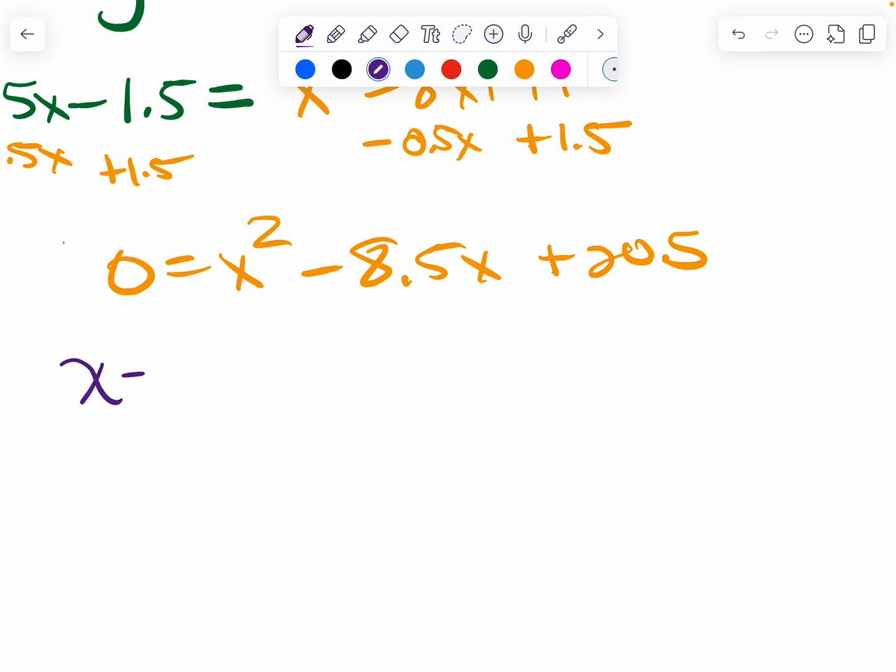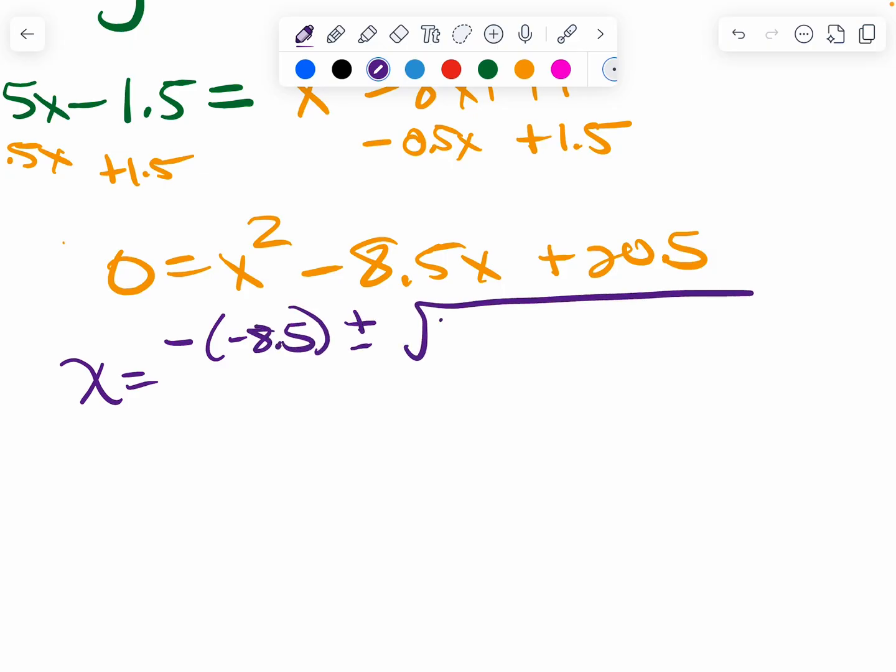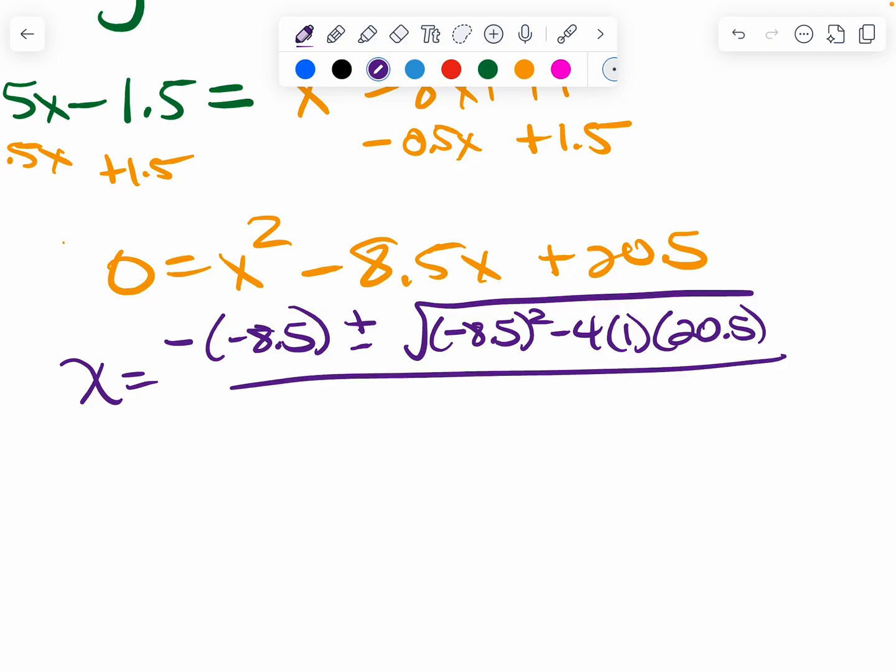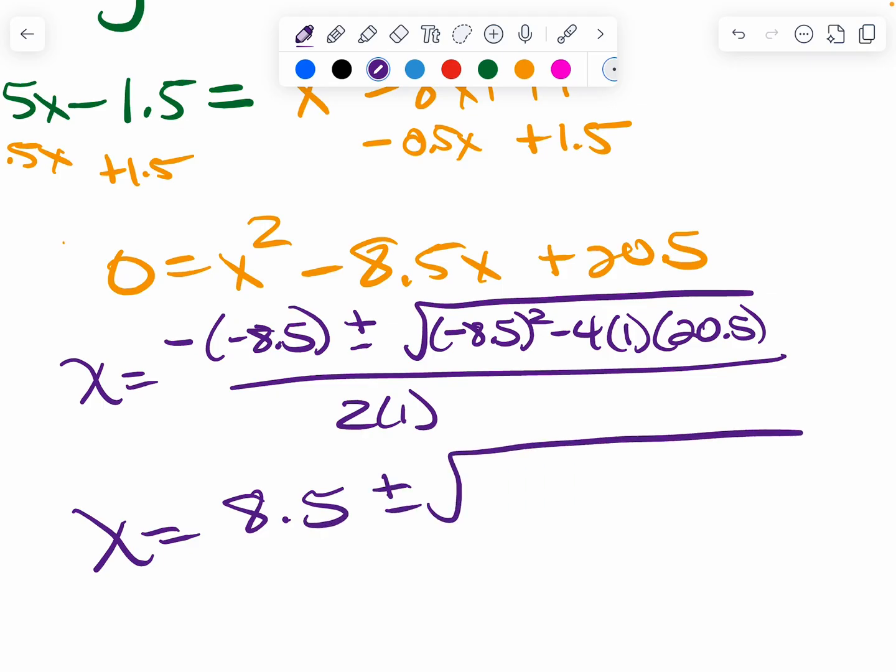So x equals negative b plus or minus the square root of b squared minus 4ac, all over 2a. Okay, so 8.5 plus or minus the square root of, and I absolutely do not know what 8.5 squared is.